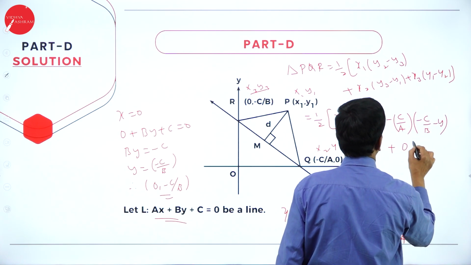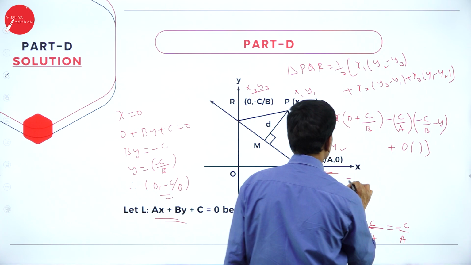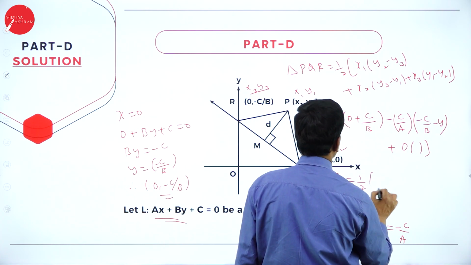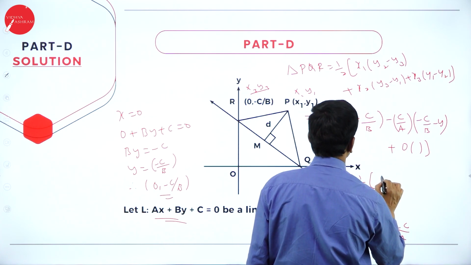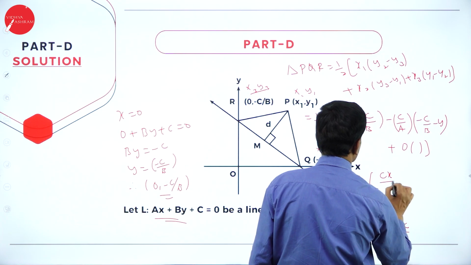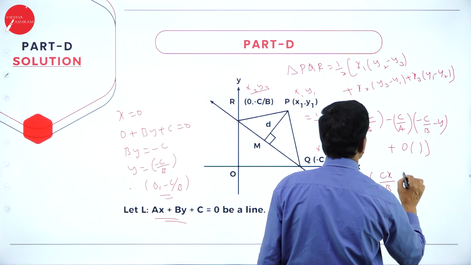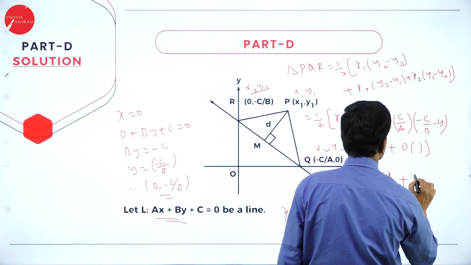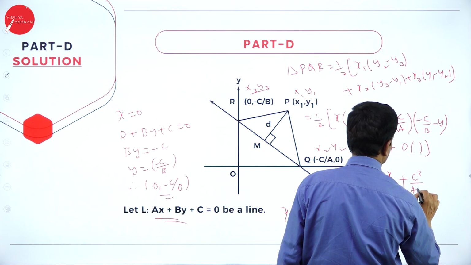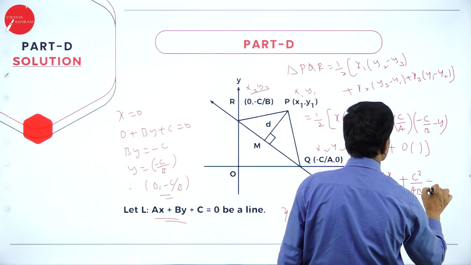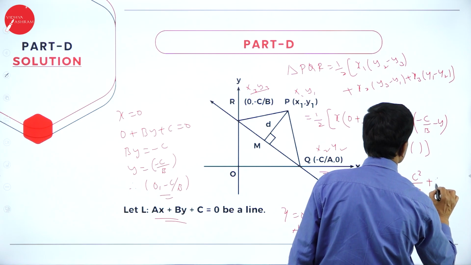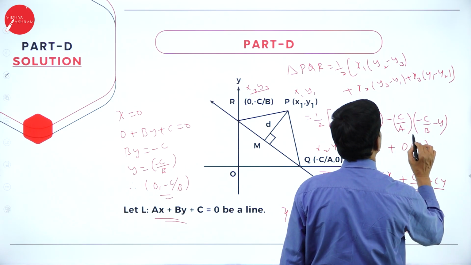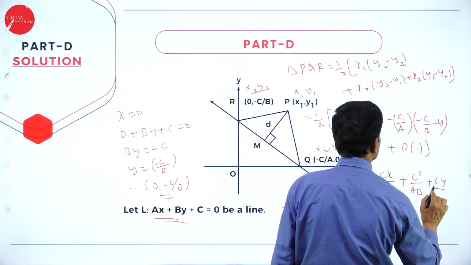Plus x3, which is 0; 0 into any number, you will get 0. So this is equal to half of the product: cx divided by b, minus into minus plus c square divided by ab, and minus into minus plus cy divided by a.